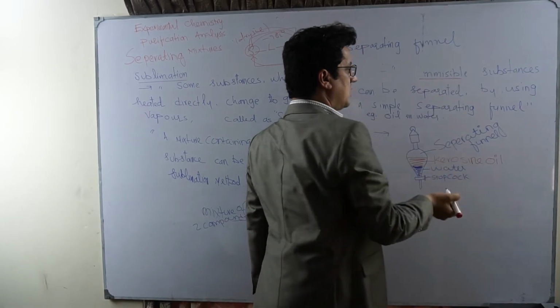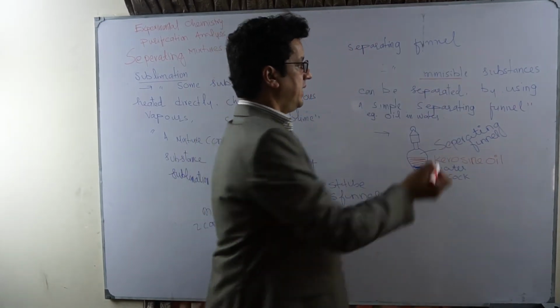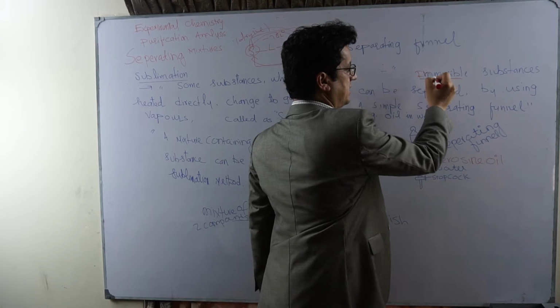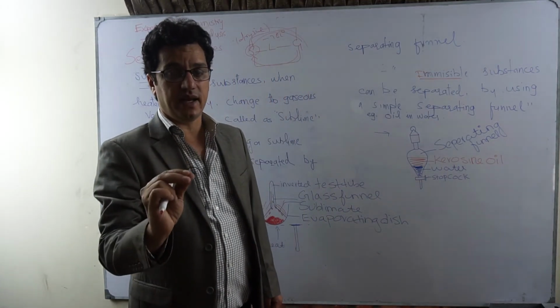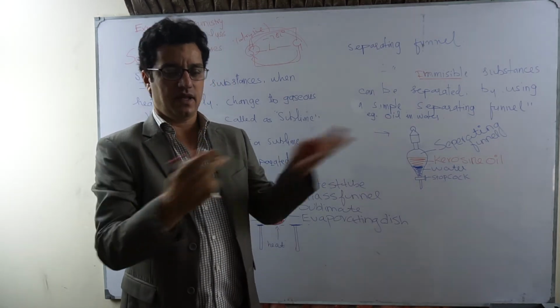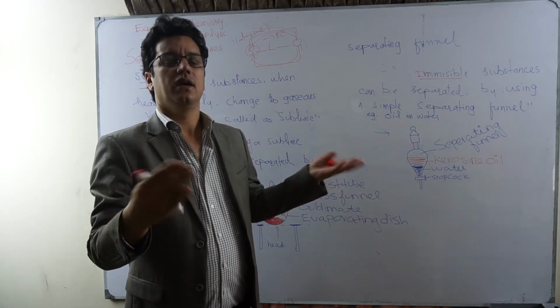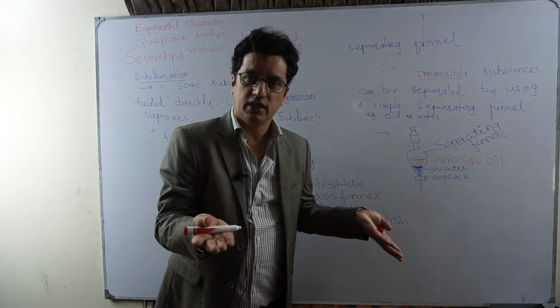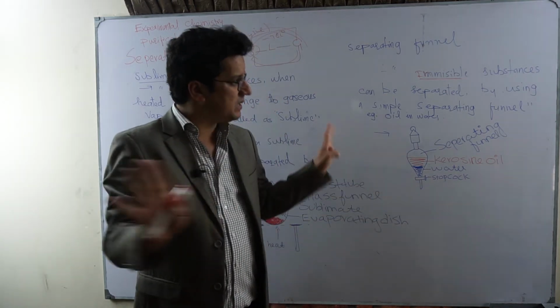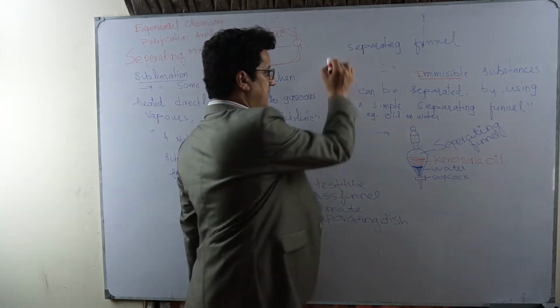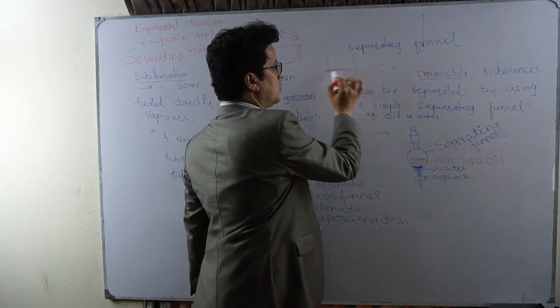And if two things are not dissolved into each other, you can use the separating funnel. If they are miscible, I repeat again, they are dissolved into each other, like alcohol and water, like ink in water. They are soluble, they are dissolved. But if they are immiscible, whenever you mix them up, they'll always make two layers.